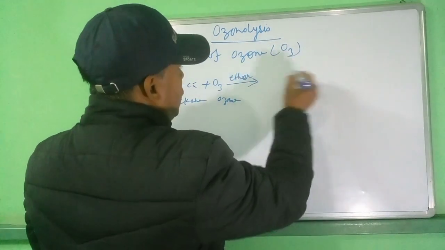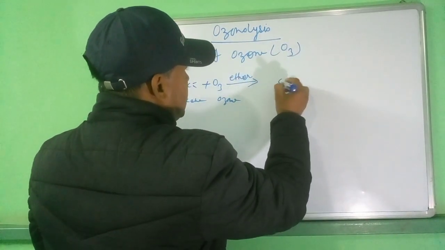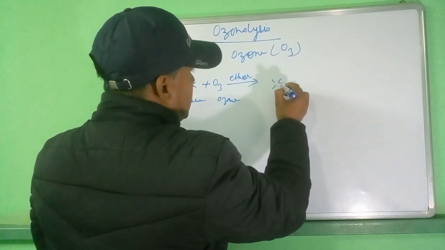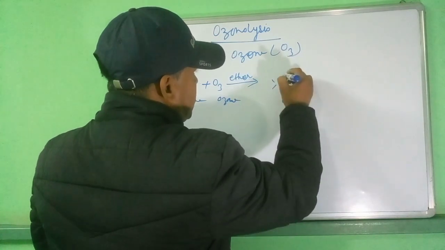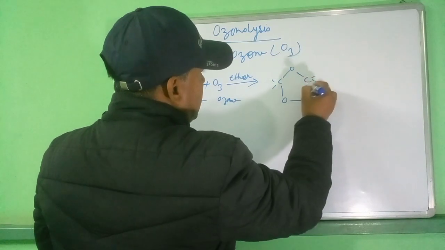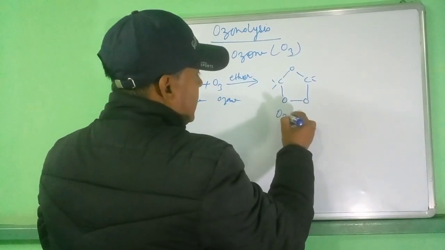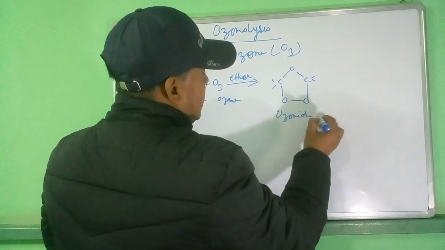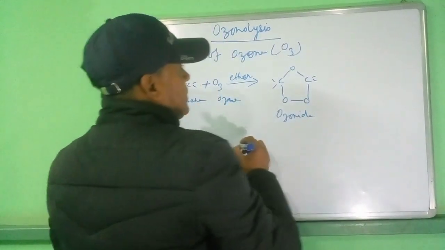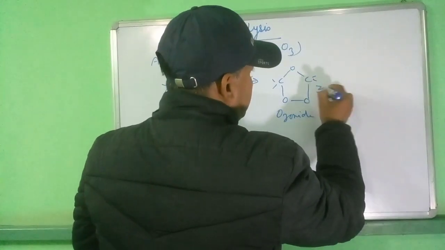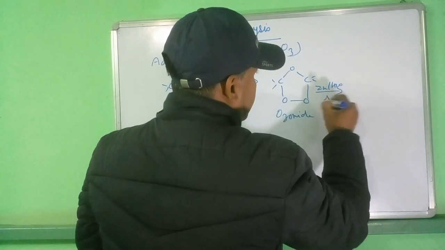We get the ozonide formed here. This type of compound, the ozonide, is formed like this. This ozonide is further treated with zinc metal and water, with heating.